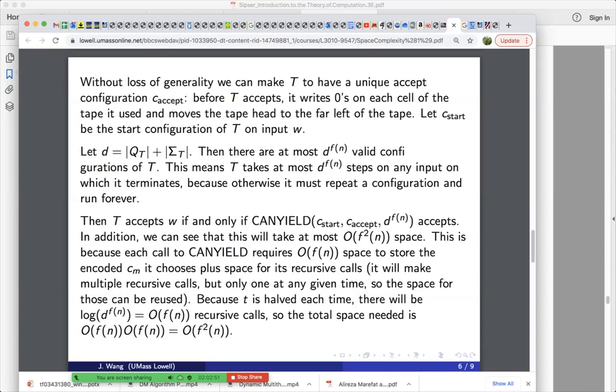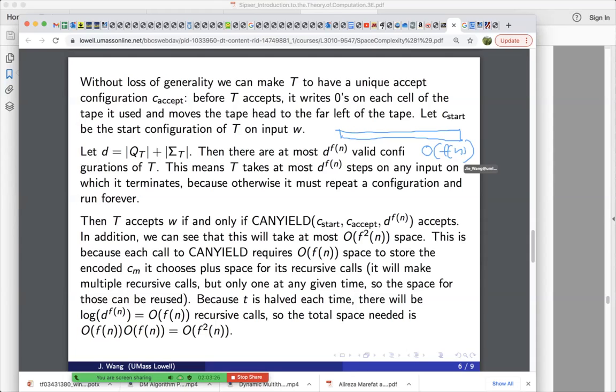Next, we're going to let D be the number of states plus the number of tape symbols on the tape. The good thing here is, how many configurations do we have? Look at this tape. The space here is big O of f of n.